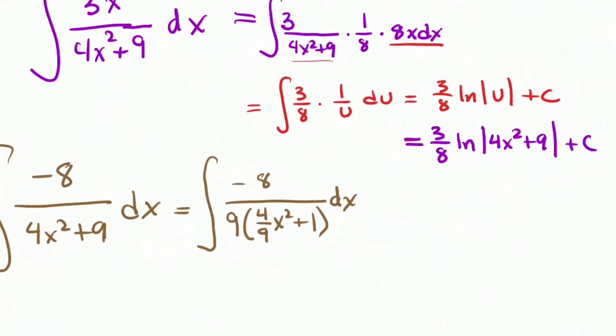So anyway, if you're okay with that, then you'll be okay with this. Negative, and I know this is maybe the first time you've seen something like this. So I'm going to pull the 8/9 way out, and then this becomes 2x over 3 squared plus 1.